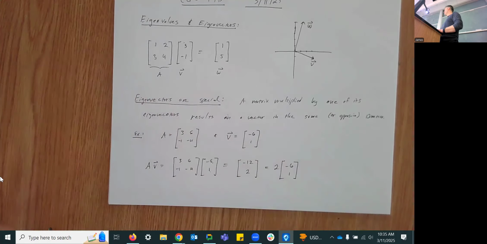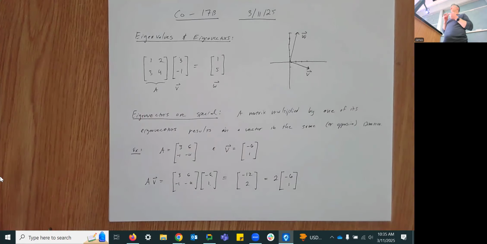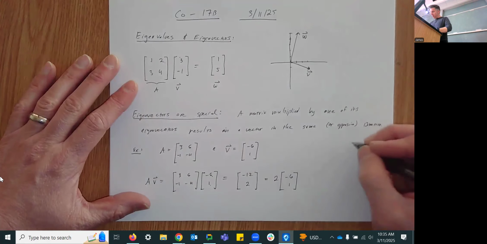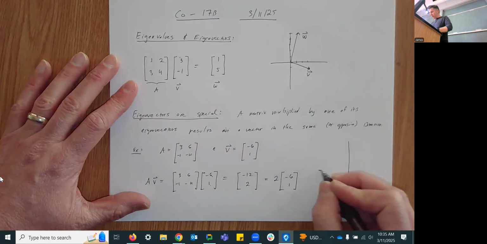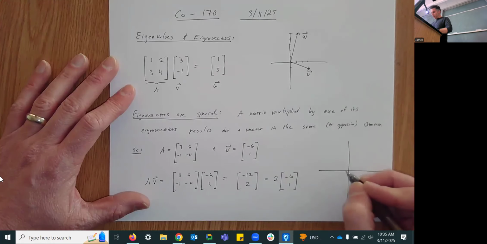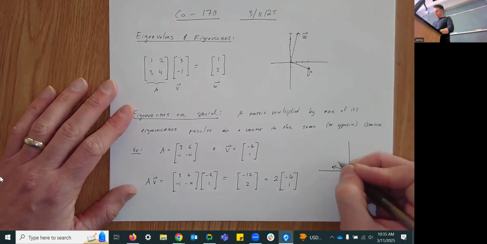So in this case, multiplying the vector by the matrix A preserves the direction of the vector. It's still pointing in the same direction. It just happens to have a different magnitude. So if we were to draw this, our original vector V would be 6 left and up 1. So there's our original vector V pointing left 6 and up 1.